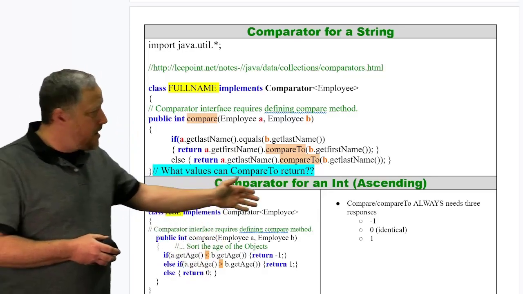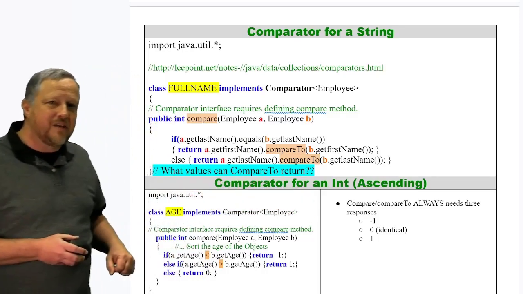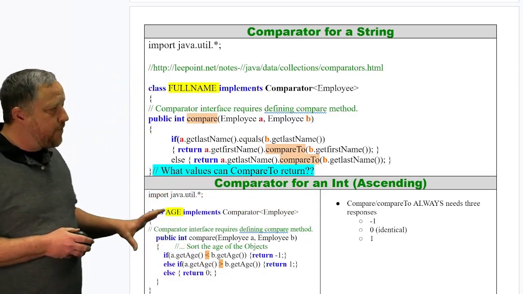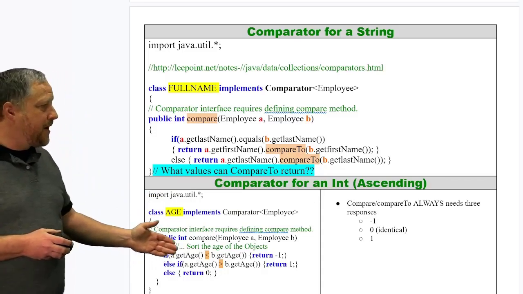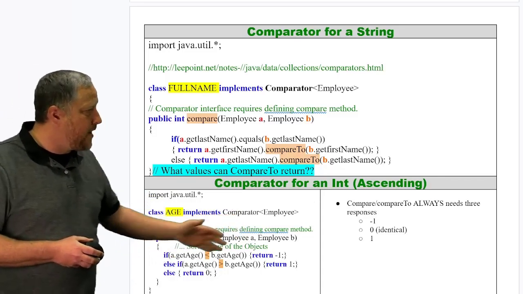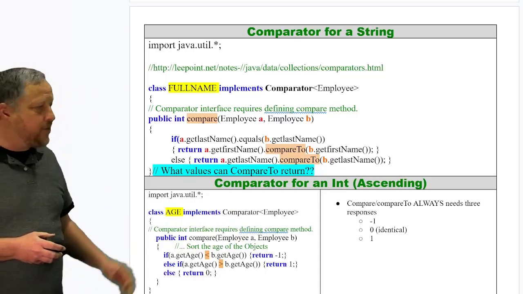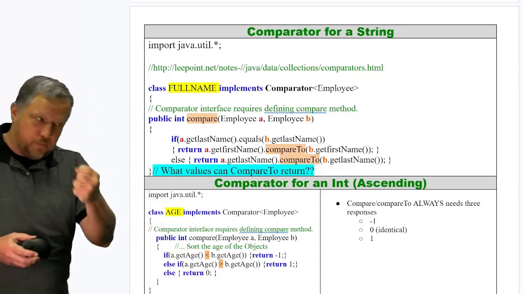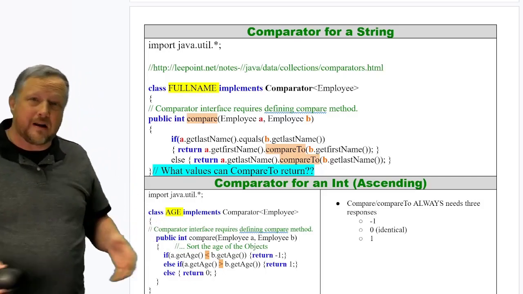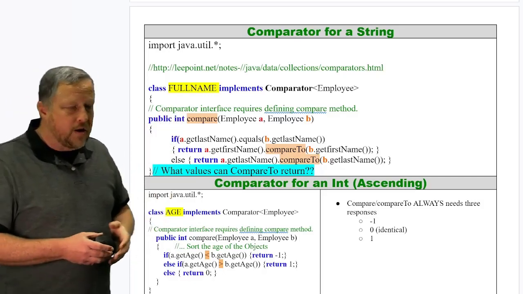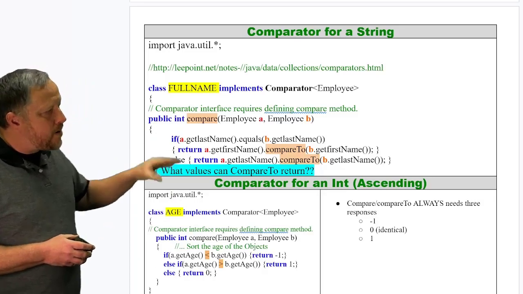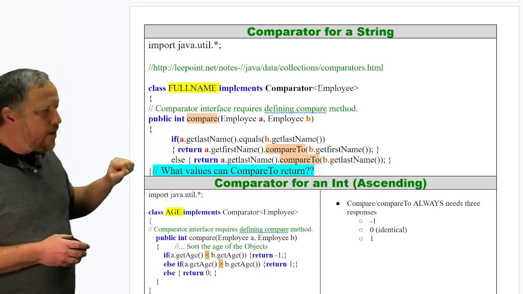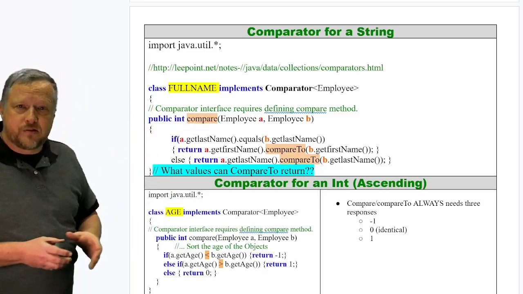And again, it's the same idea on making sure what order we have things in. So just a heads up on the difference between the two. But again, public int compare, employee A, employee B. Here we're just checking the ages. So in reality, notice they're so similar between the two of them. That's a beautiful part because frankly, I can do some copy and paste. Hey, we're all lazy. But that's how the comparator is going to work for a string and for an integer or a numeric data type.